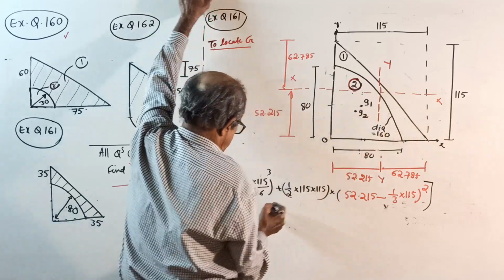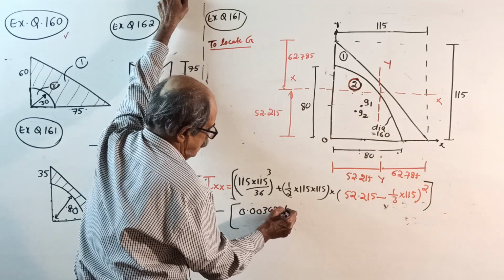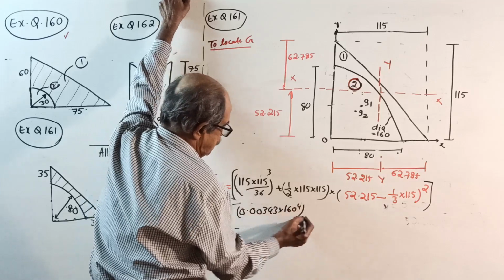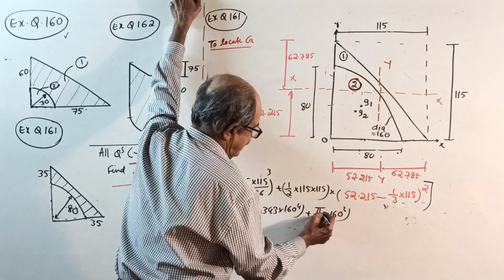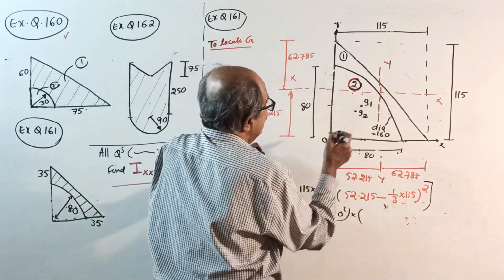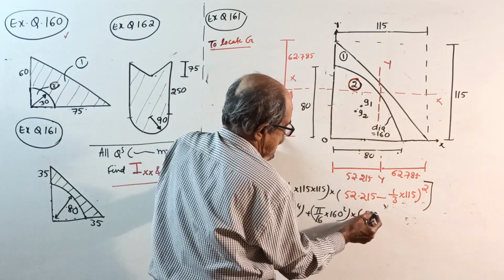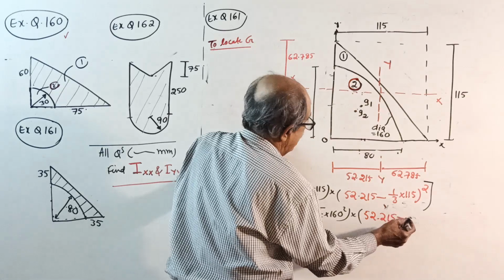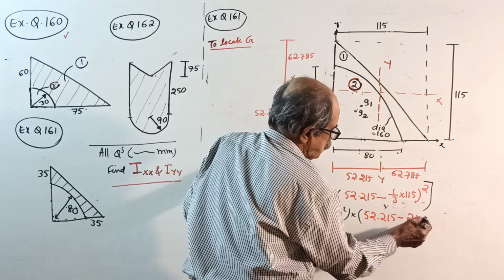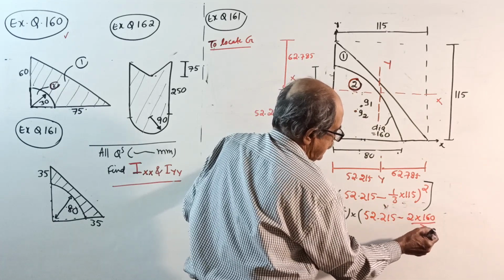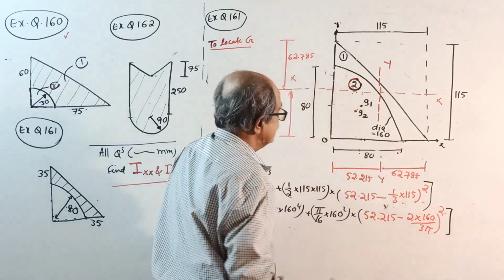G2 is here. 0.00343 into 160 power 4 is IG, plus area pi by 16 into 160 square is the area, into this distance square, which is 52.215 minus this distance, that is 2 into 160 divided by 3 pi, the whole square. You get the IXX. Okay, get the IXX value.